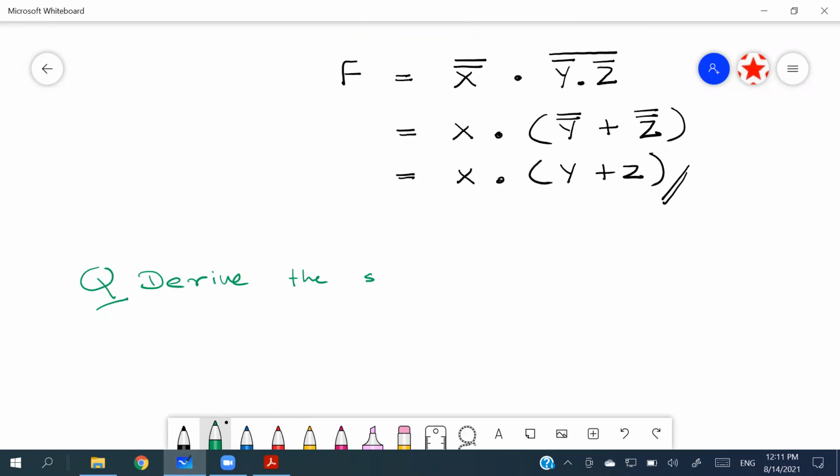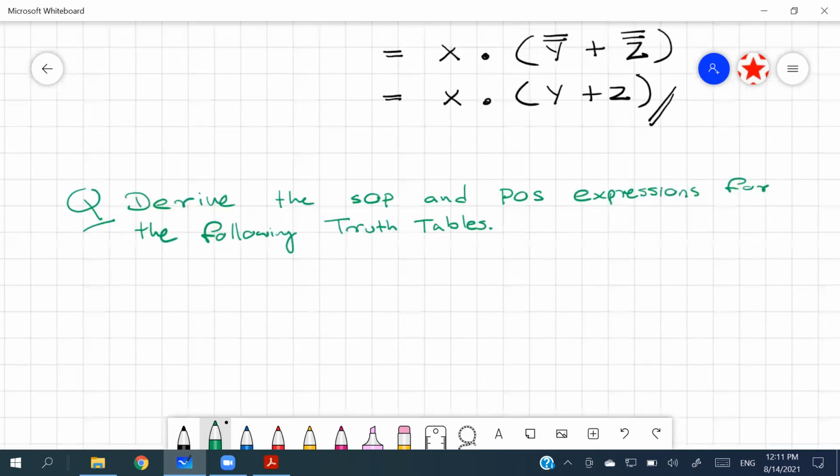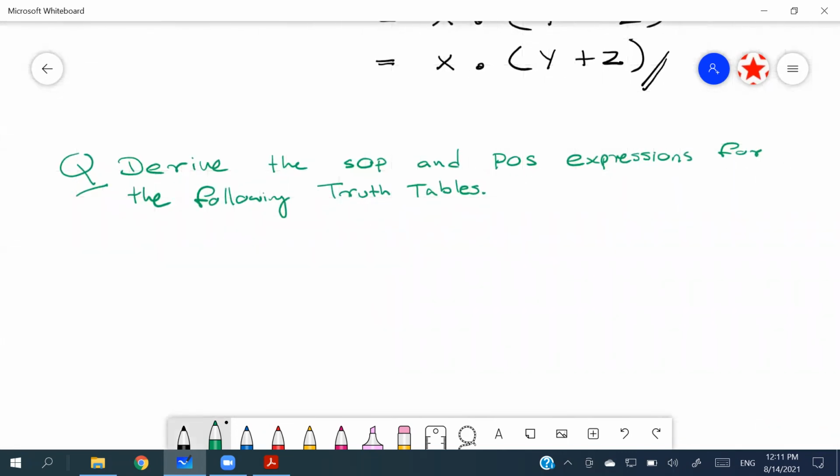Derive the SOP and POS expressions for the following truth tables. Right? And here comes the first truth table. You may draw it with me so you can hurry up the work.